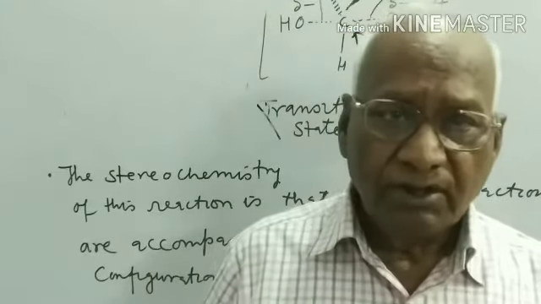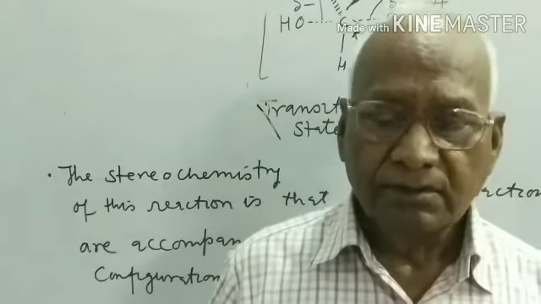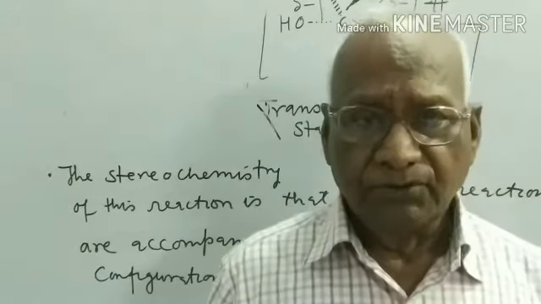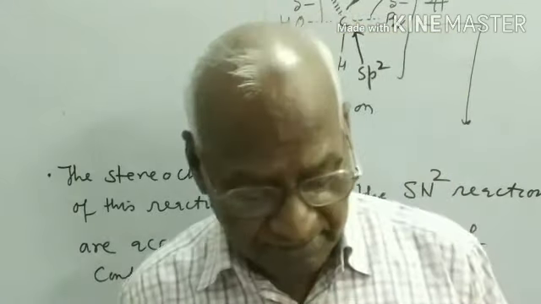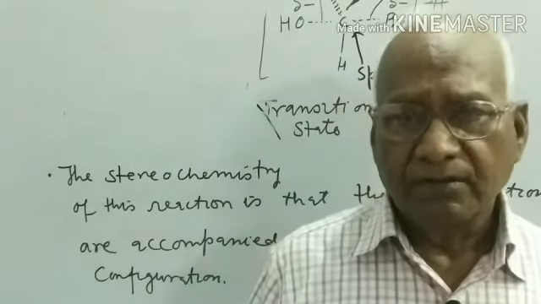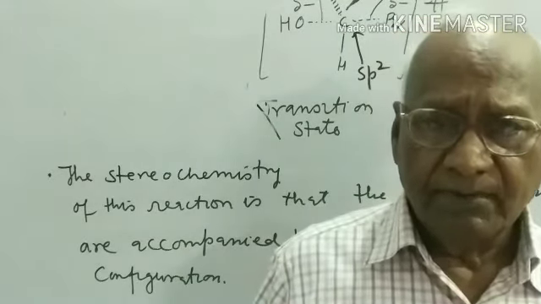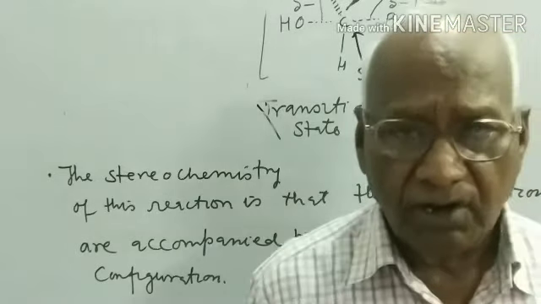When the C-OH bond is fully formed, the C-Br bond breaks up completely, producing an inverted product. So the stereochemistry of the reaction is always accompanied by inversion of configuration. This was first observed by Walden, so it is named Walden inversion.